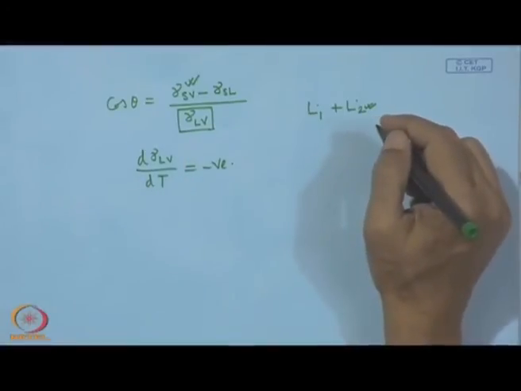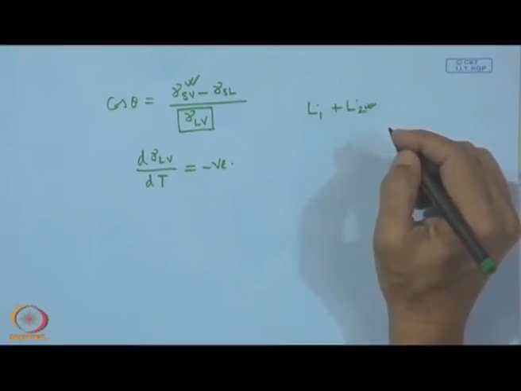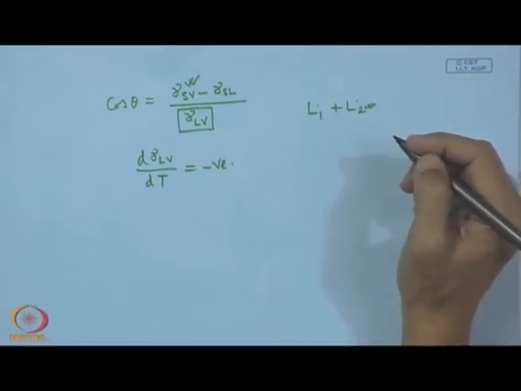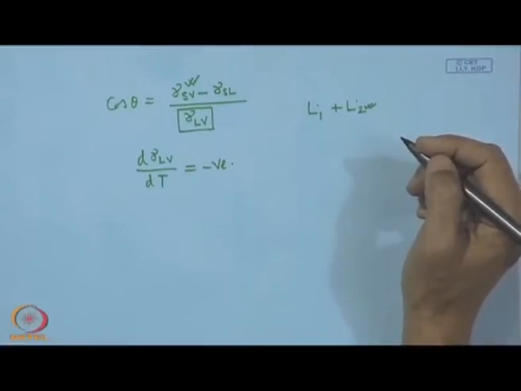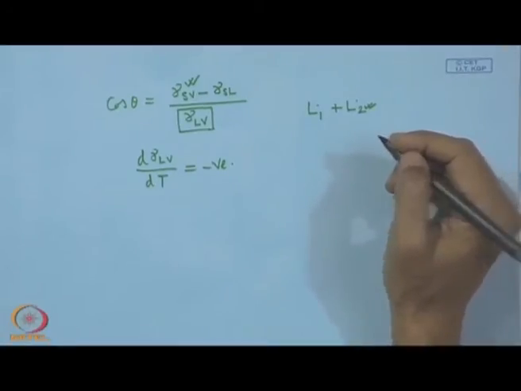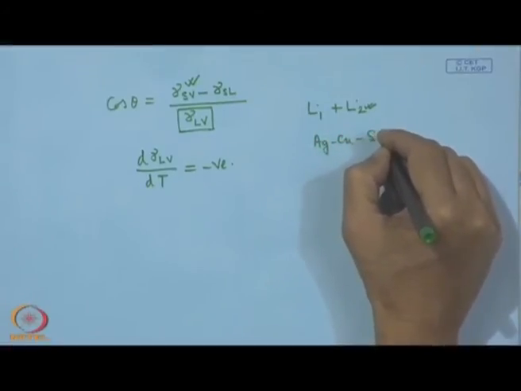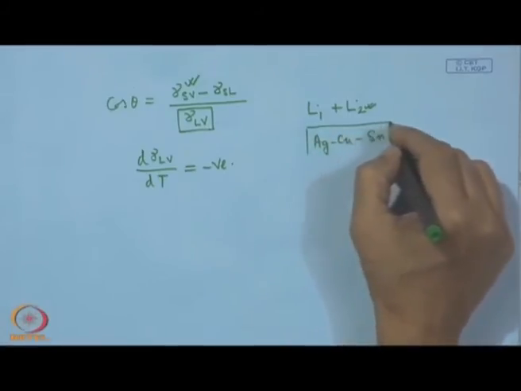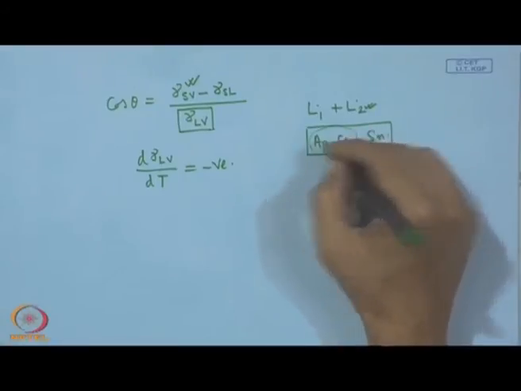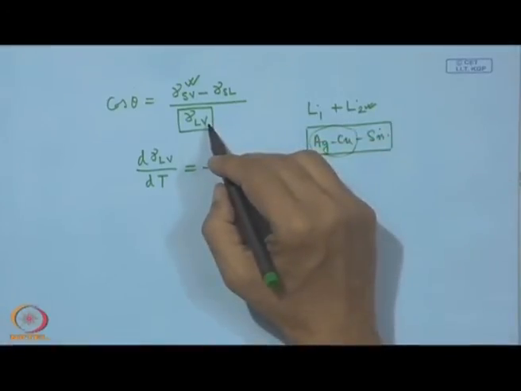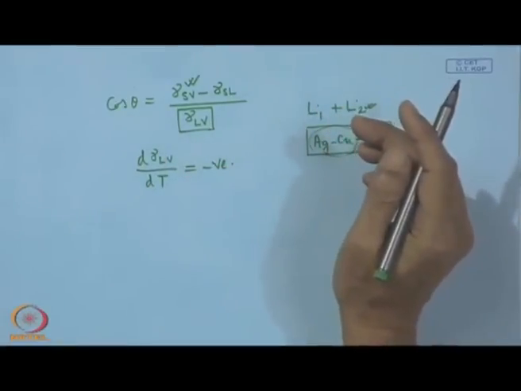So, here the basic idea is to add one component in the parent liquid only to reduce its surface tension. For example, in silver copper alloy, if tin is added, that can have a positive effect of reducing the surface tension of this parent liquid, and that can have a very positive effect on this value of theta.